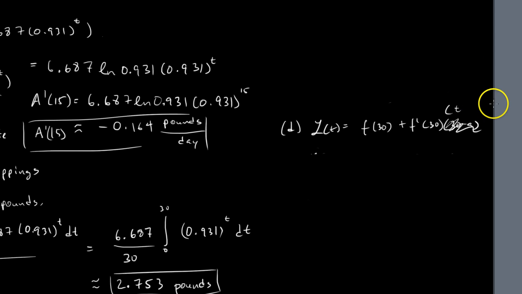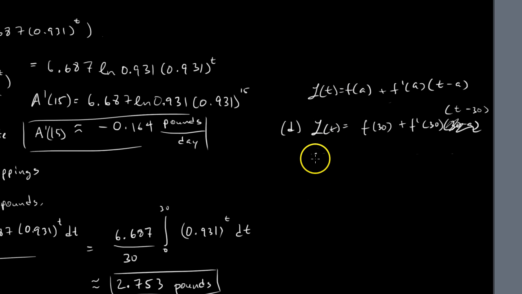Actually, it should be t minus 30, because in general, the linear approximation of something is L of t equals f of a plus f prime of a times t minus a. Or if you have x, it will be the other way around. Instead of x, you would just have t, right?